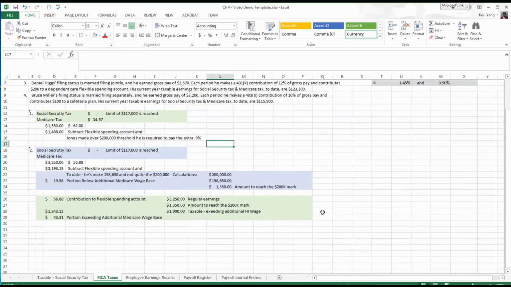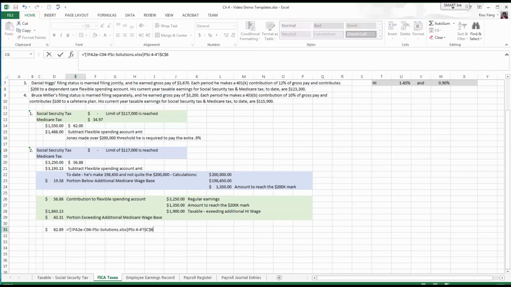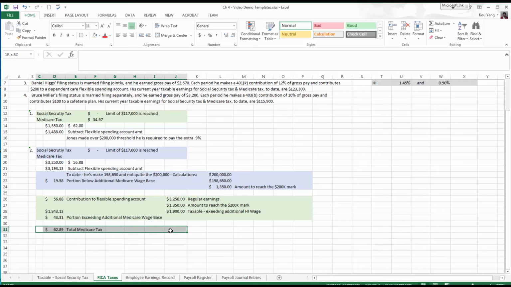Okay. All right. So from the portion below and the portion exceeding, I'm going to go ahead and add those two together. And that equals my total Medicare tax of $62.89. So as you can see, I broke it up.